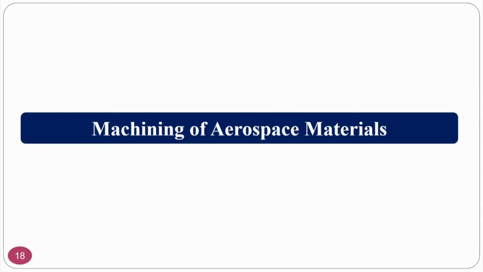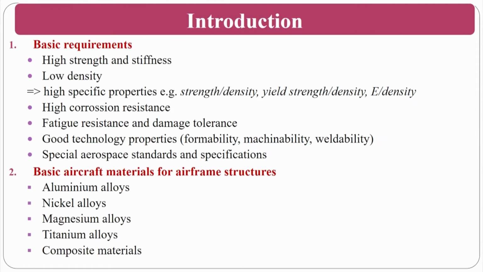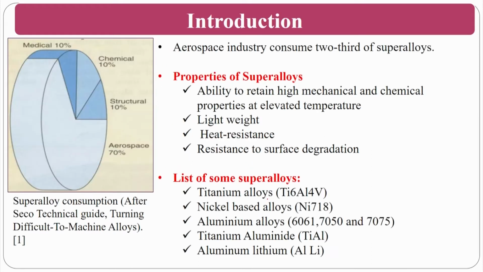Now we move on to the machining of aerospace materials. So for aerospace materials, the basic requirements go like many things, and there are the basic aircraft materials, airframe structures and all those things. Normally these are the materials that are used. Mostly superalloys are used in aerospace applications.